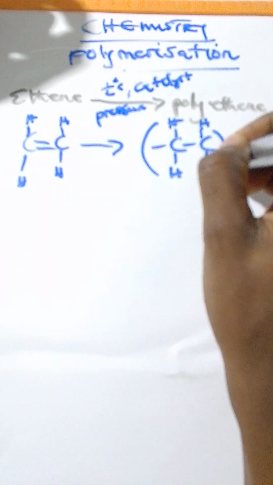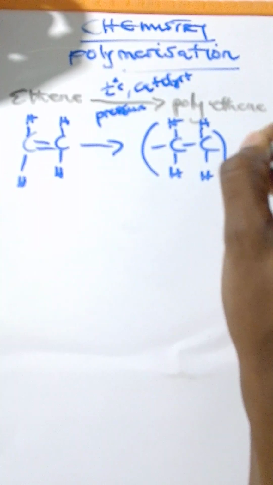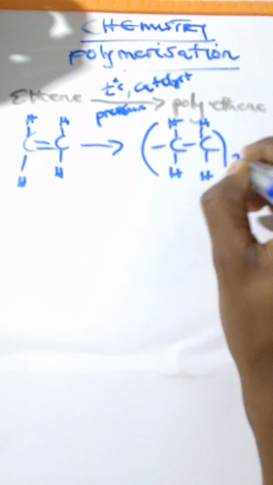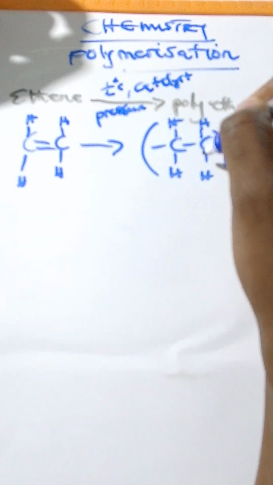So this n represents a large number, or if I put 7 here, it means I have 7 monomers which have reacted to produce this polyethene.